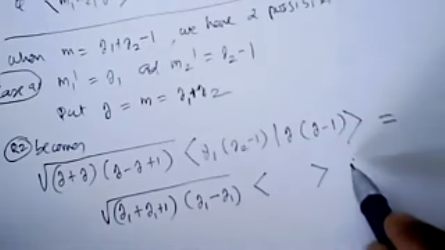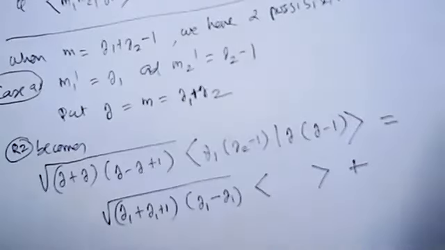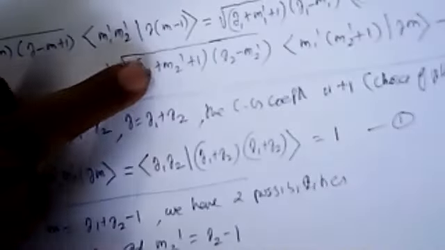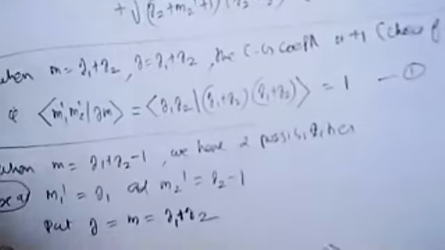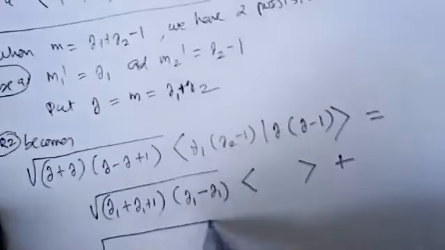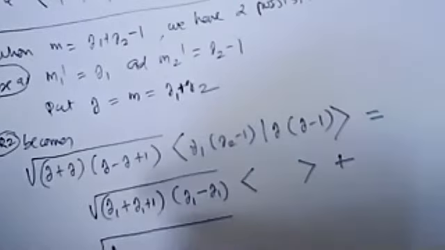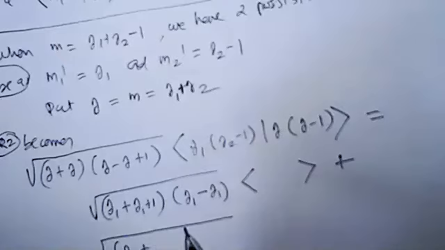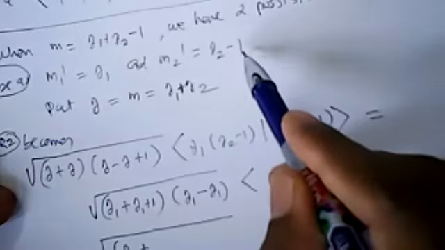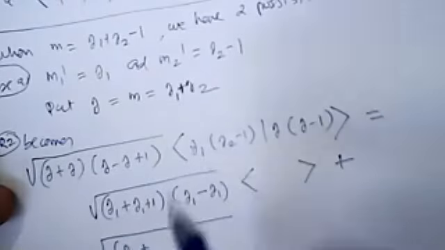So plus, now see root of j2 plus m2 dash plus 1. What is m2 dash? j2 minus 1. So j2 minus 1 plus 1. So that is j2.